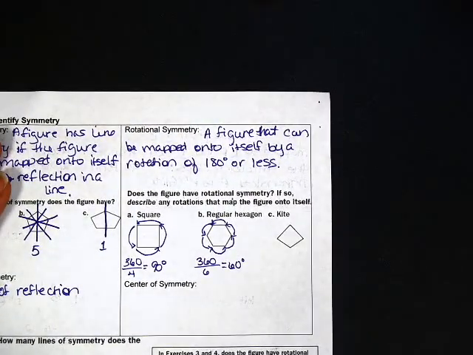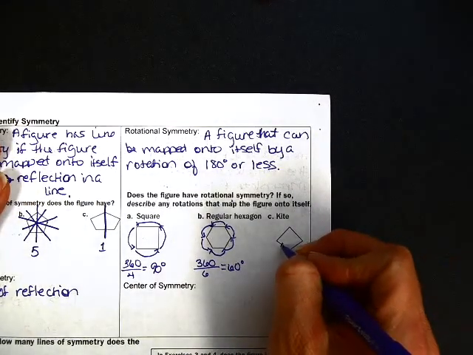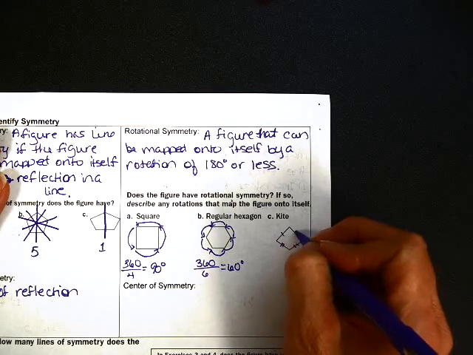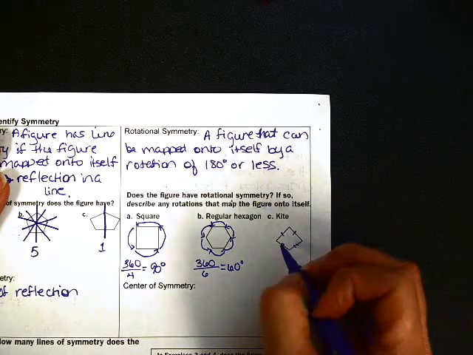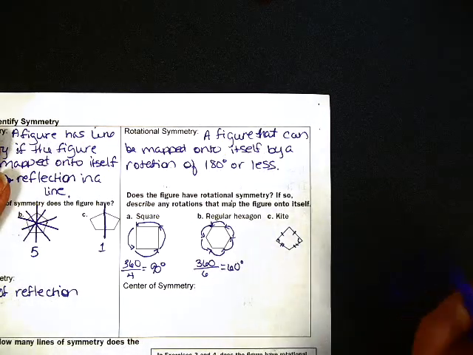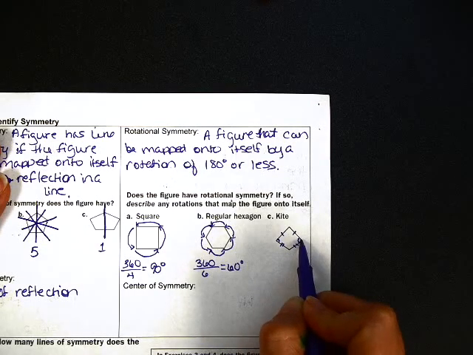Now then, a kite. Okay, if you remember, a kite has congruent sides, side by side, here and here. And it only has one pair of congruent angles. Therefore, if I rotated this image and I mapped this angle onto this angle, that would be a rotation of 180 degrees.